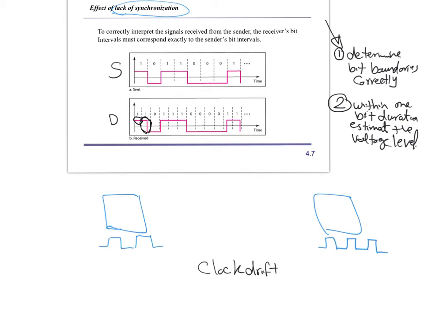Let alone that here, because the clock duration is faster, or the clock frequency is a little bit faster, I was able to detect a higher number of bits, more than what I really transferred. Is that clear? Because the clock at the receiver side is faster, I detected more bits than I really sent. Maggie, do you have any questions? Go ahead, Maggie.